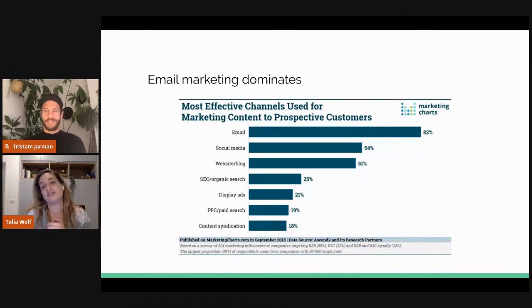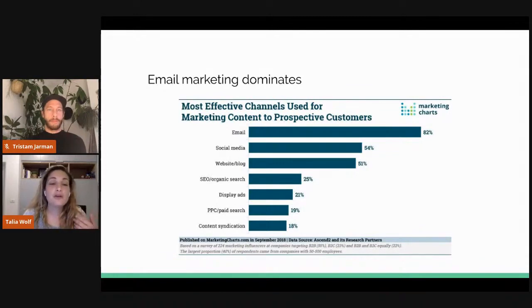So over 82% of businesses say that email marketing is the most effective channel for them for turning prospects into customers. So that's why email marketing is actually my favorite channel. And I have to say that probably every dollar that I make today is from email marketing. So I never create a funnel without an email sequence.